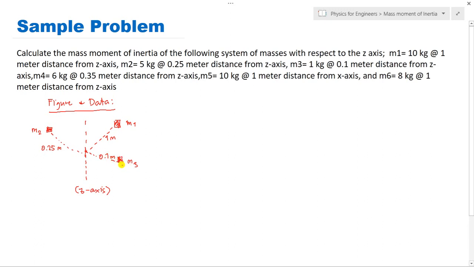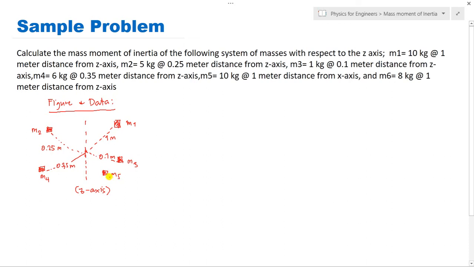Then mass 4 is 6 kg, located at 0.35 meters from the fixed axis. And then we have mass 5, 10 kg.